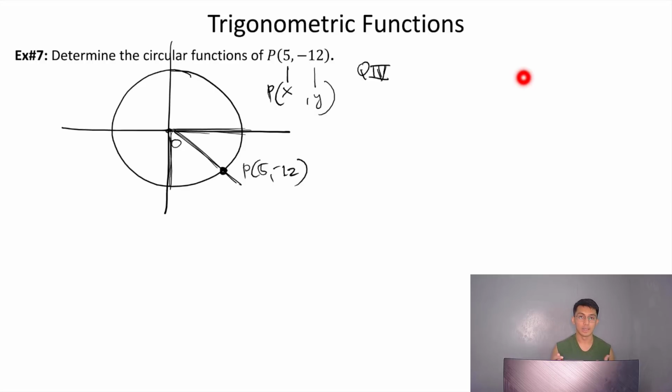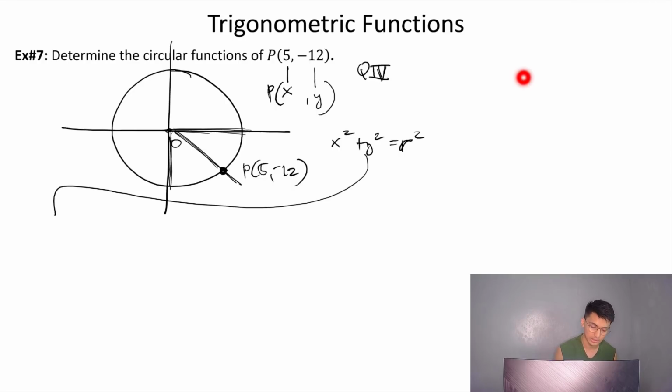So, similar like Pythagorean theorem, in unit circle or the circular approach, we have x squared plus y squared is equal to r squared, same as the Pythagorean theorem. Now, alam natin ang x, alam natin ang y, we now solve for the r squared. Lagay natin dito. So, r squared is equal to 5 squared plus negative 12 squared.